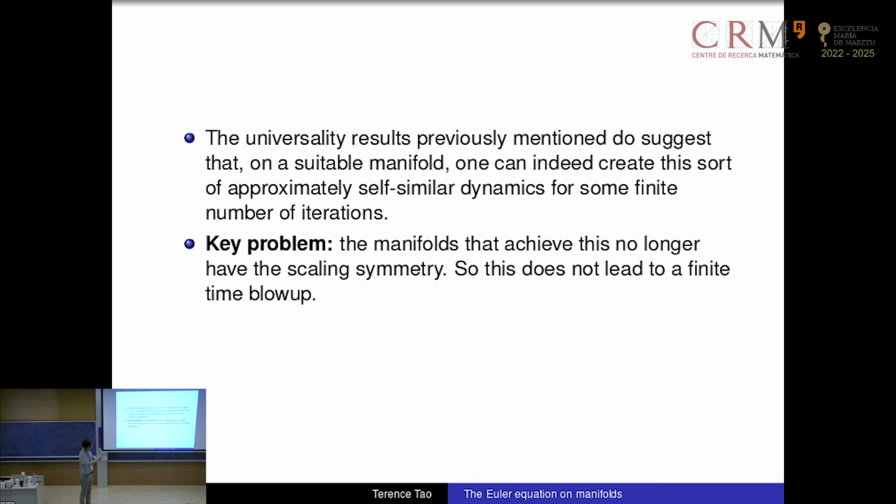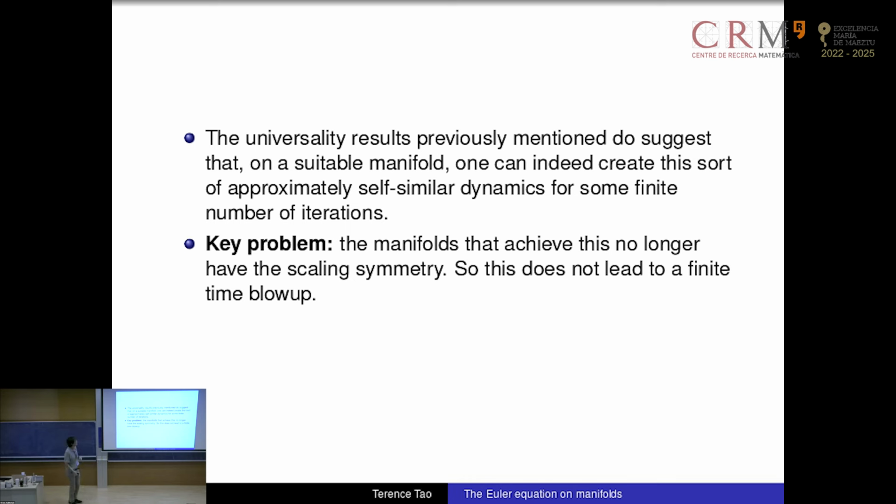Manifold to be bigger and bigger. The rescaled manifold becomes flatter and flatter as you approach the singularity.